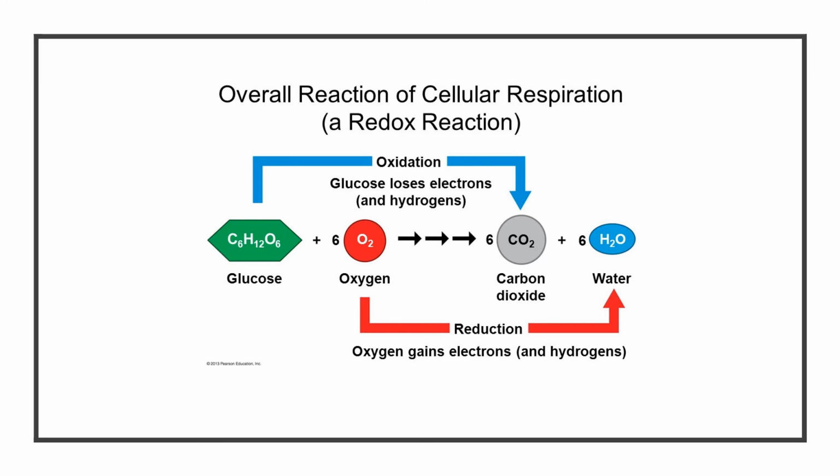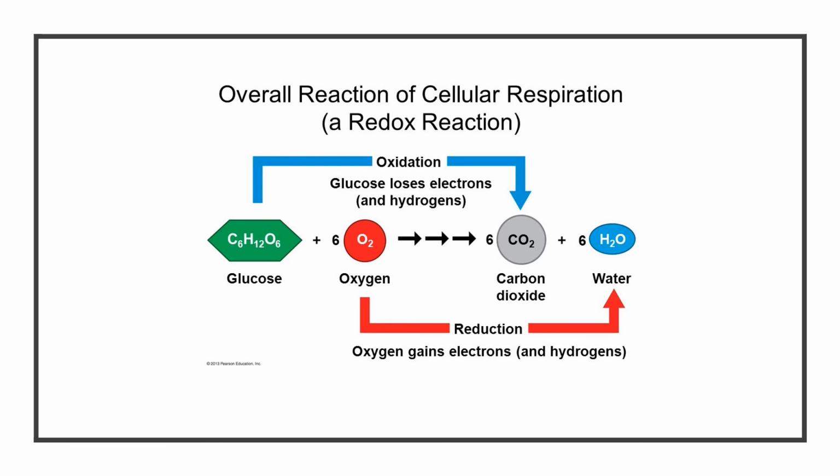It therefore releases energy, which the cell traps in the bonds of ATP. Now, this reaction does not happen all at once. If a cell released all the potential energy in glucose chemical bonds in one uncontrolled step, the sudden release of heat would destroy the cell. In effect, it would act like a tiny bomb.